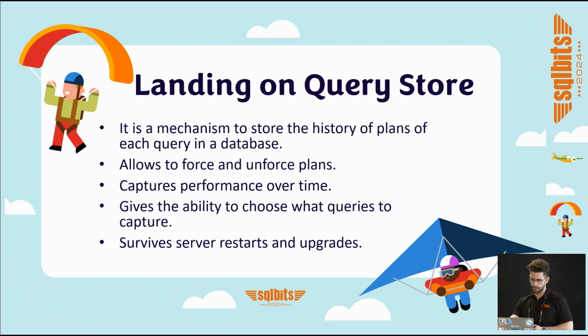One more thing: since you are saving this history in the Query Store, you don't need to worry about losing it. Even after server restarts or even upgrades, you will keep all the history of your query execution plans.